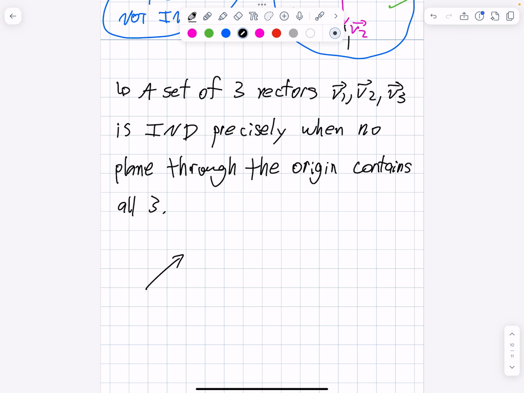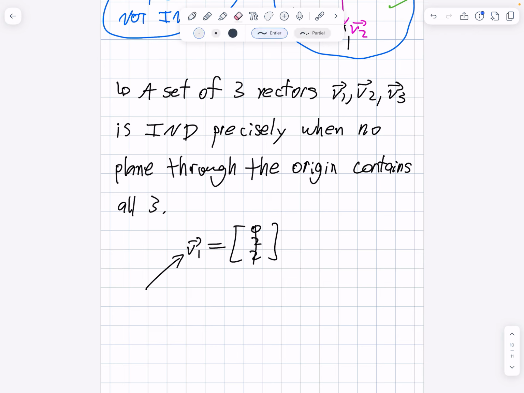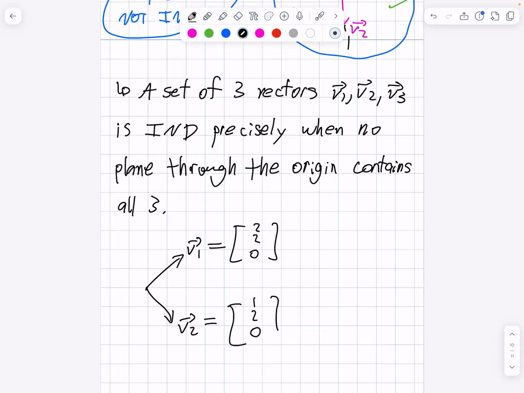So maybe you have V1 could be like 2, 2, 0, for example. V2 is equal to 1, 2, 0, and here's our V3, and our V3 is equal to 0, 1, 0. Okay, good.